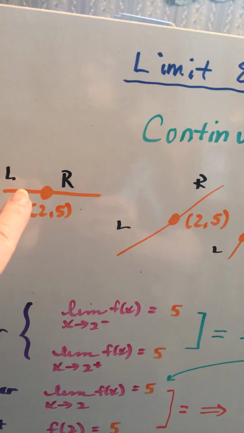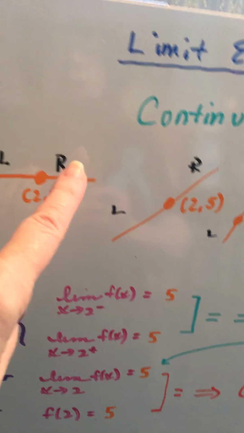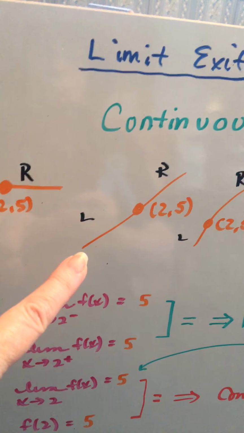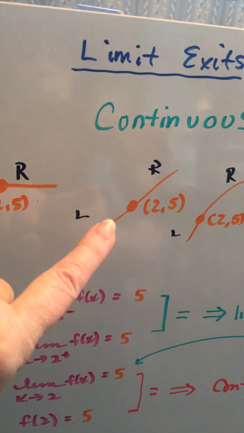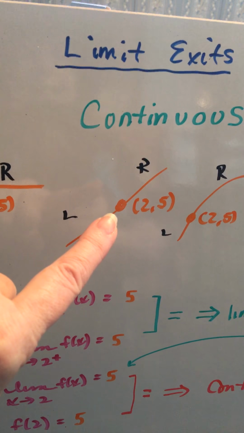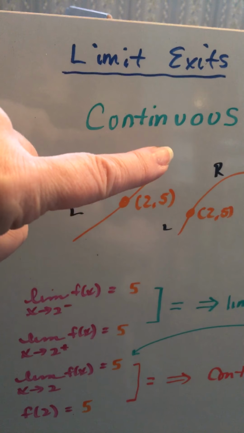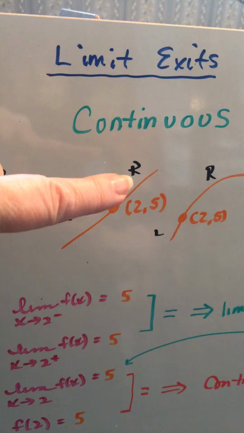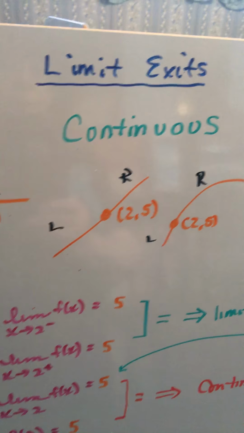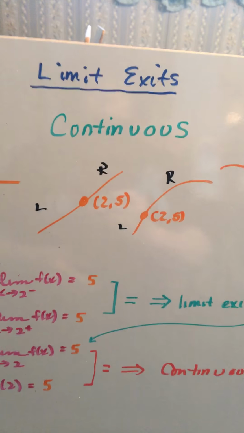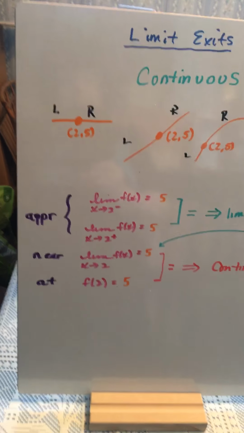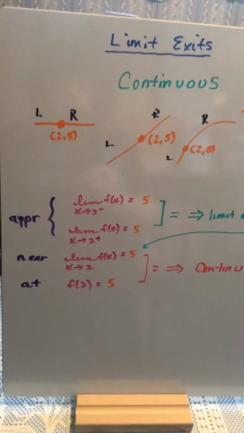Well, here I'm coming towards 5 because I'm always 5. But here I might have been 4.9, 4.99, 4.9999999, and maybe I was 5.1, 5.01, 5.00001. You don't know, but we're approaching. So what a limit means is what value are you near?